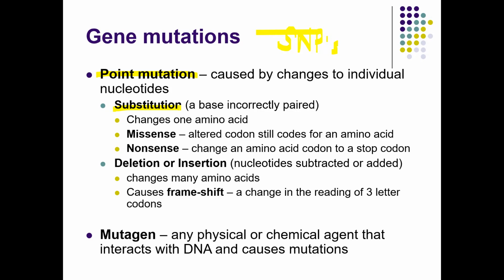Because sometimes it can have an effect, sometimes it can't, okay? Now, at most, a substitution would affect one amino acid. Now, that could still be a very drastic change to the protein. So it can be neutral or silent, or it could also be very extreme. It just depends on where in the DNA or where in the RNA this change happens.